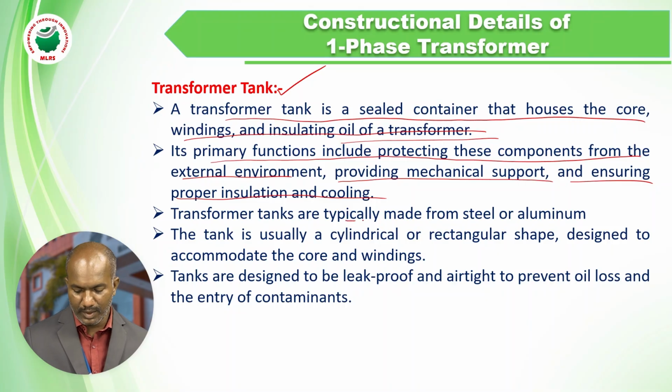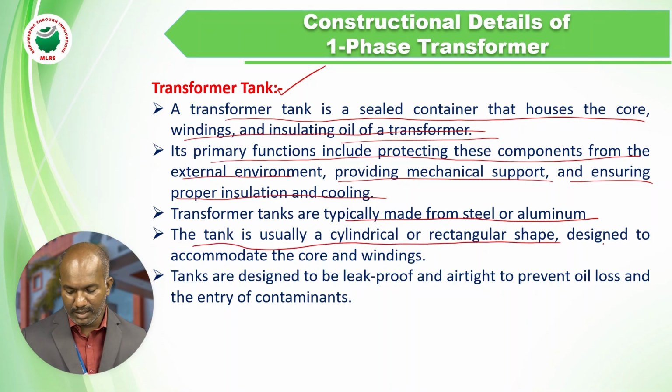Transformer tanks are typically made from steel or aluminum. The tank is usually cylindrical or rectangular in shape, designed to accommodate the core and windings. Tanks are designed to be leak-proof and sturdy to prevent oil loss and the entry of contaminants. So the transformer tank is made of steel.